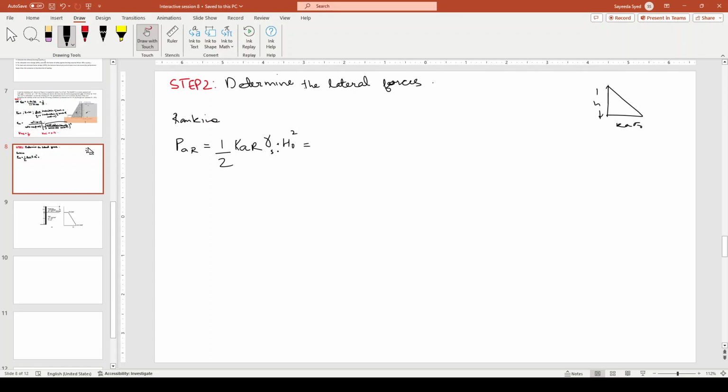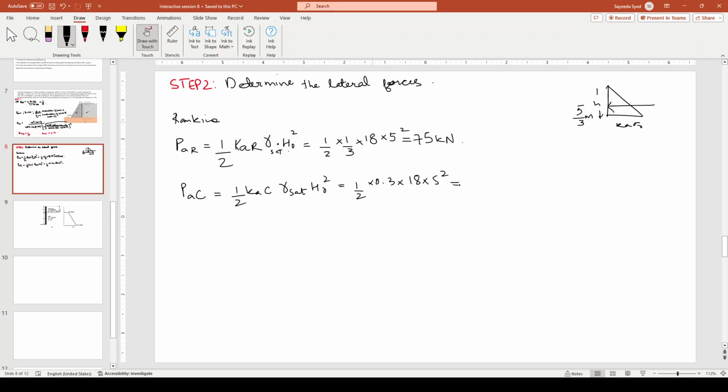Okay, and for Coulomb we will get half of Ka Coulomb gamma sat H naught square: 1 by 2, 0.3, into 5 square, which should be equivalent to 67.5 kilonewton.